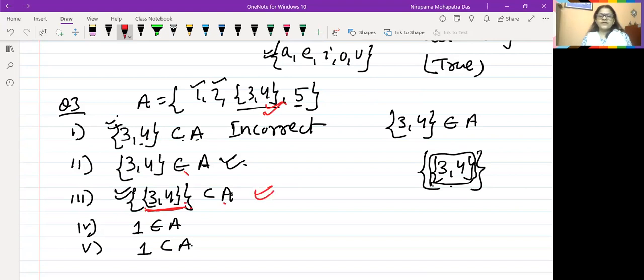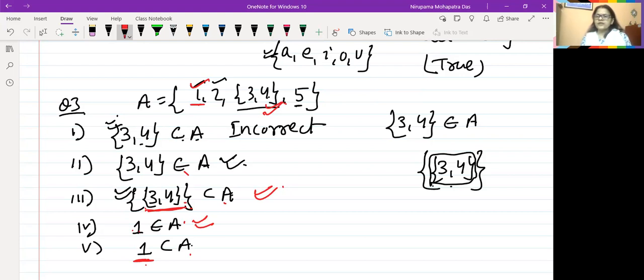So this is correct. Now 1 belongs to A. Yes, 1 is an element of A. Correct. 1 is a subset of A? No, because 1 is an element here, not a set.